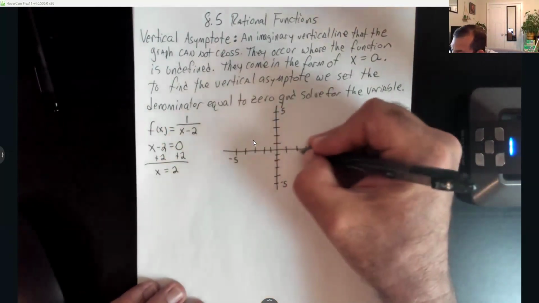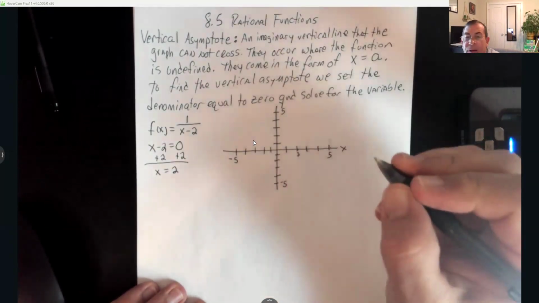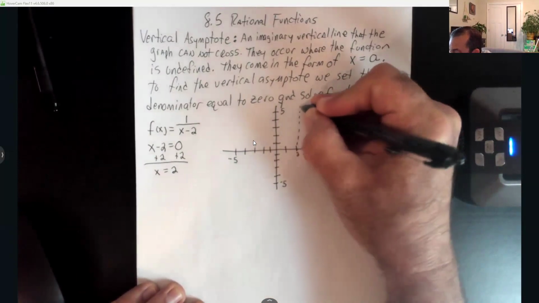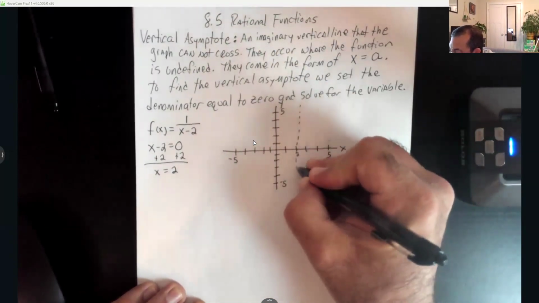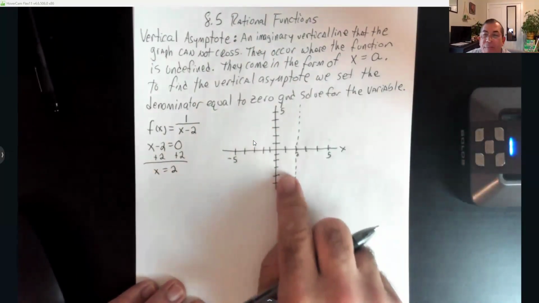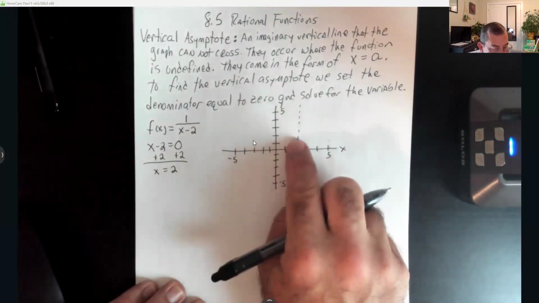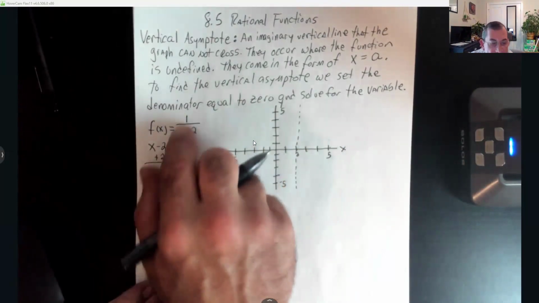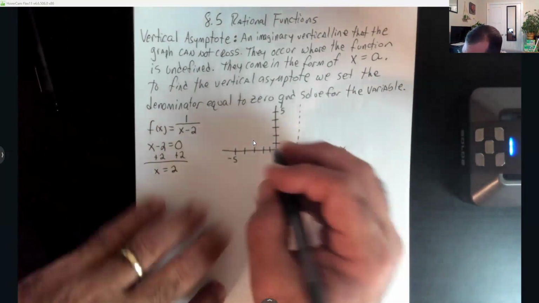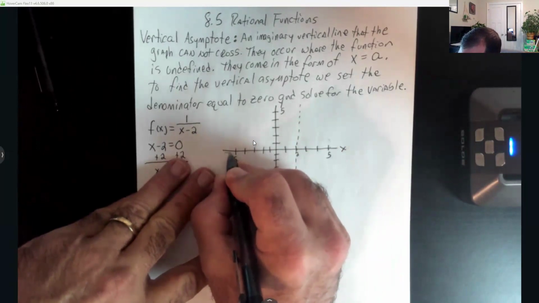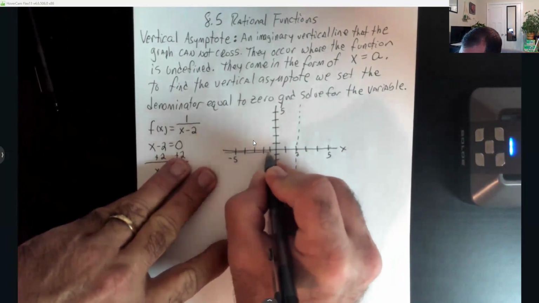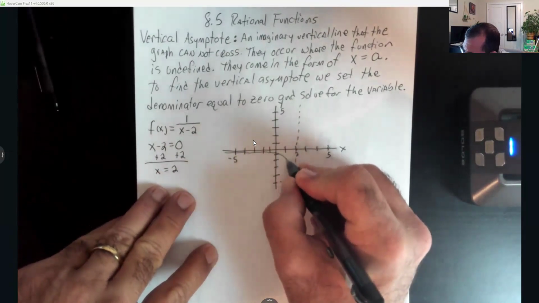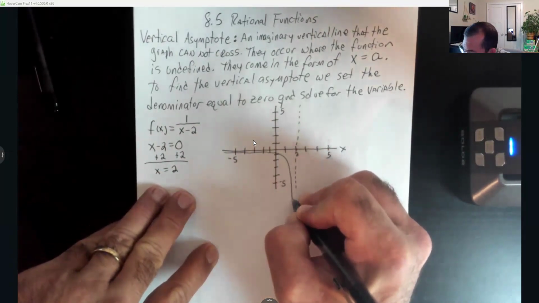So that means over here at the x value of 2, I've got an imaginary vertical line that my graph cannot cross over. If you were to find a lot of x values to put in for this function, you would find that it sort of comes down, crosses over, and then shoots downward.